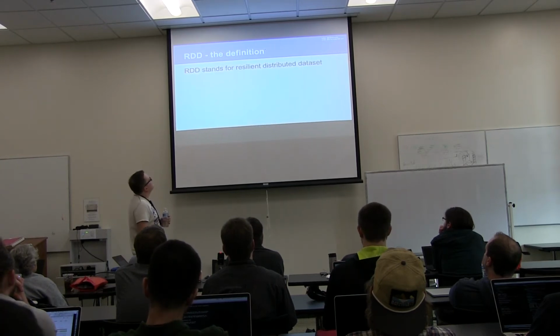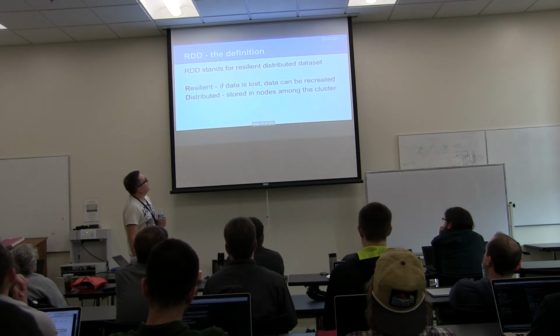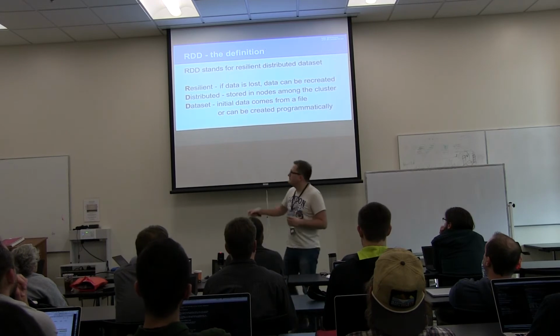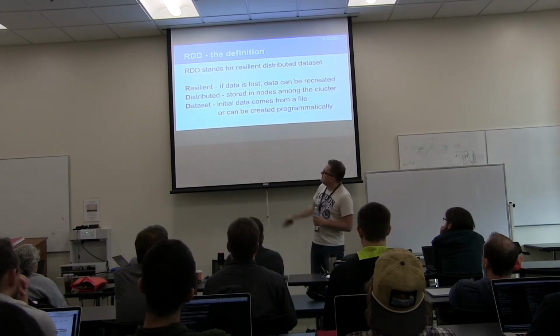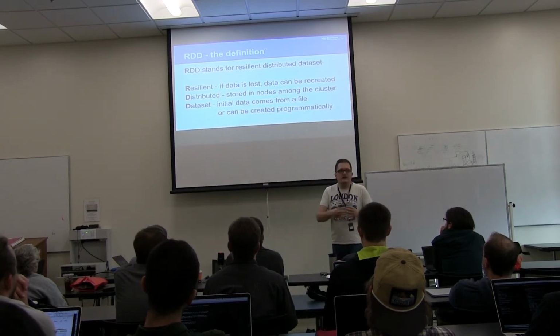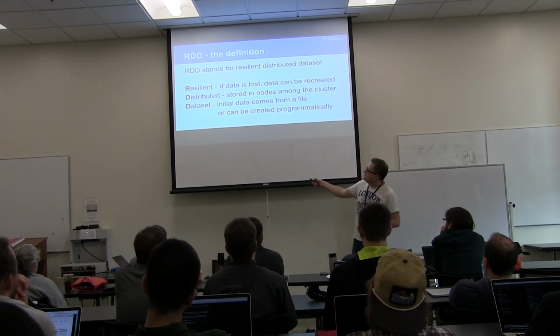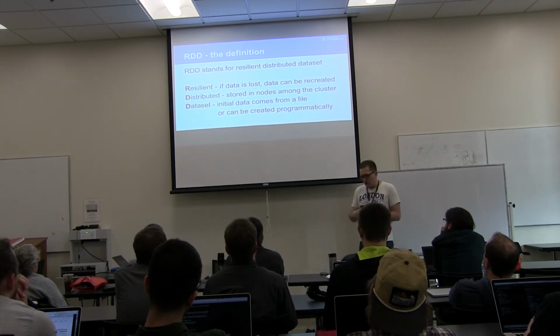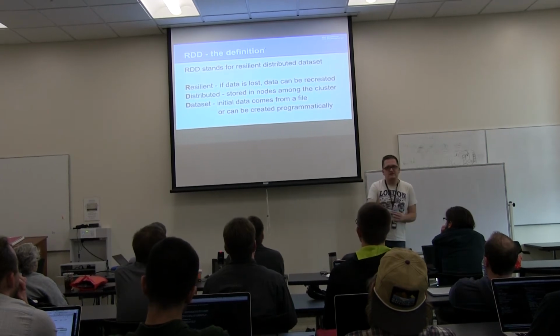RDD stands for Resilient Distributed Dataset. If you really want to understand the definition, you just have to read it backwards. First of all, it's a dataset. So it's just our data, which is distributed, all right? That's our data, a huge file we're going to work on, but it's also already distributed among our cluster. It lives in our cluster.